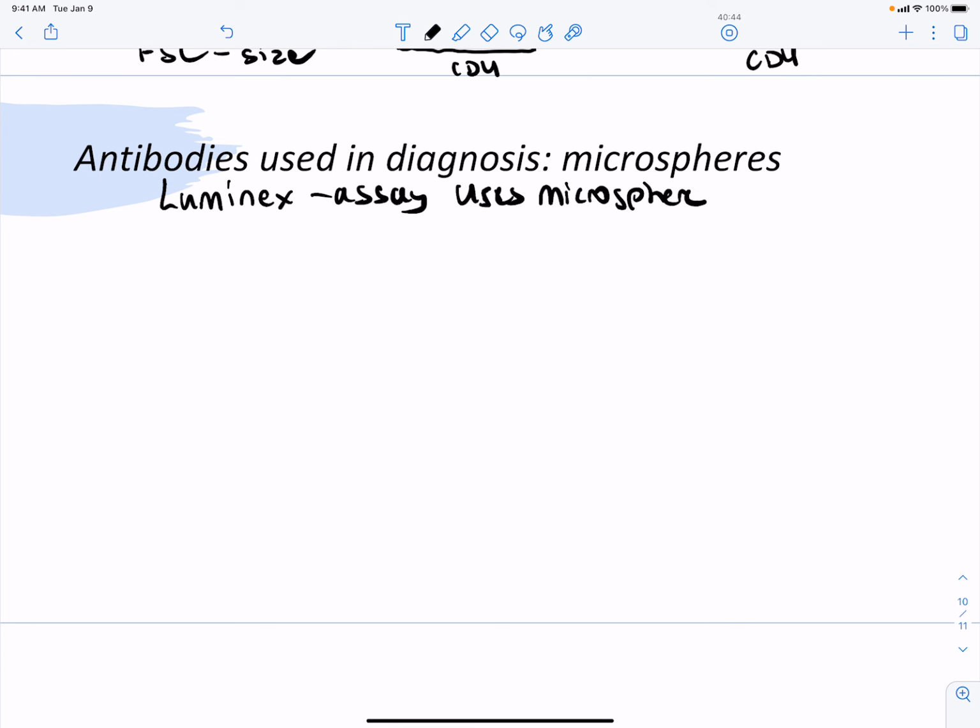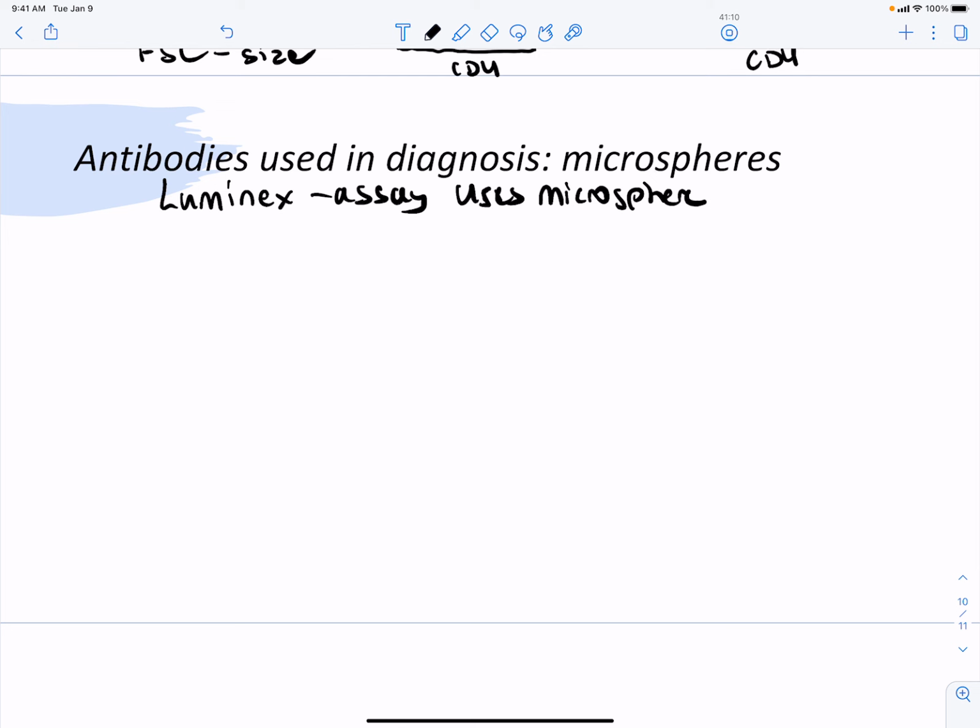Now, the technology is going to use ELISA and flow cytometry kind of together. And so you basically have polystyrene microspheres that are going to be color-coded with two different fluorescent dyes. And they can be identified using lasers similar to a flow cytometry.